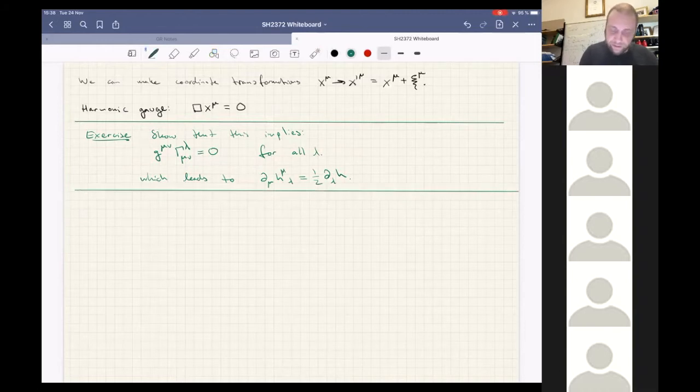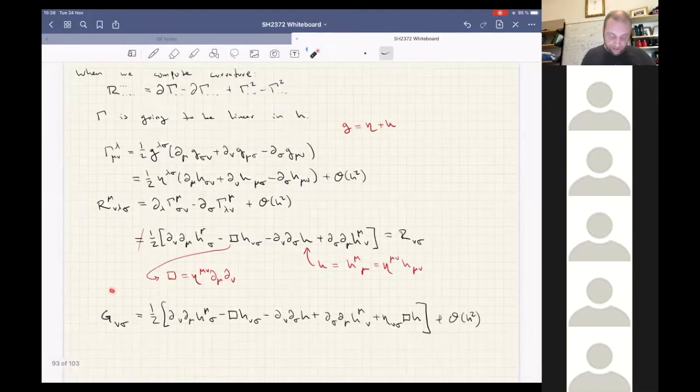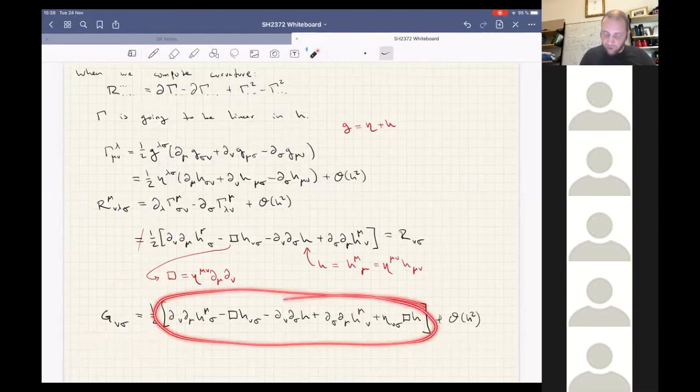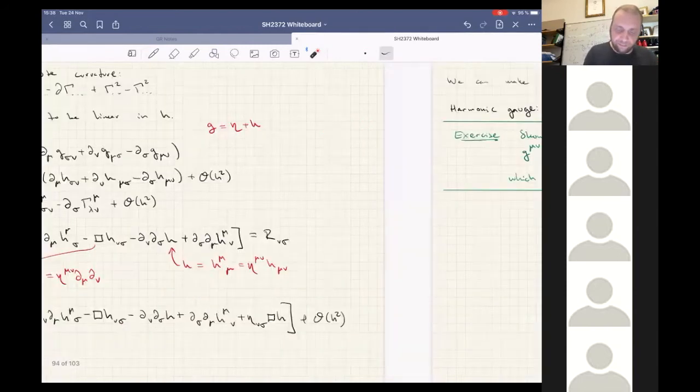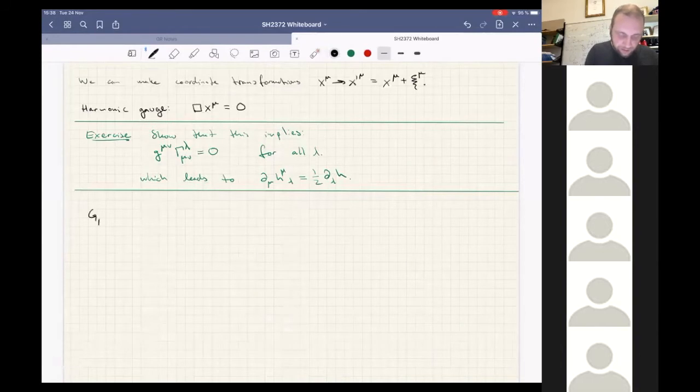But if we use this, we can look at the Einstein tensor here, and we can use it to rewrite everything that's in here in a slightly simpler form. So what we're going to get is that G_{nu sigma} is going to be minus 1/2 the D'Alembertian acting on h_{nu sigma}, minus 1/2 eta_{nu sigma} times the D'Alembertian acting on h, again plus higher order terms.